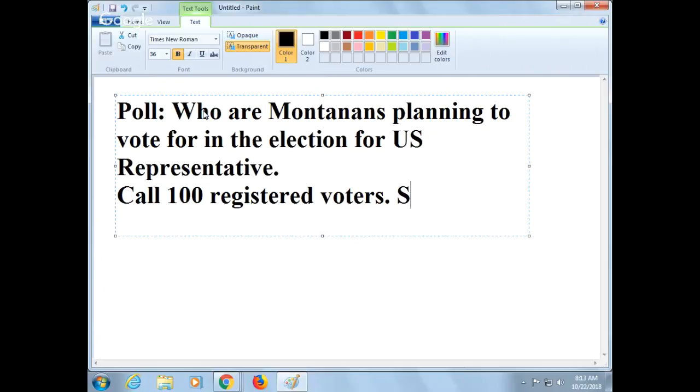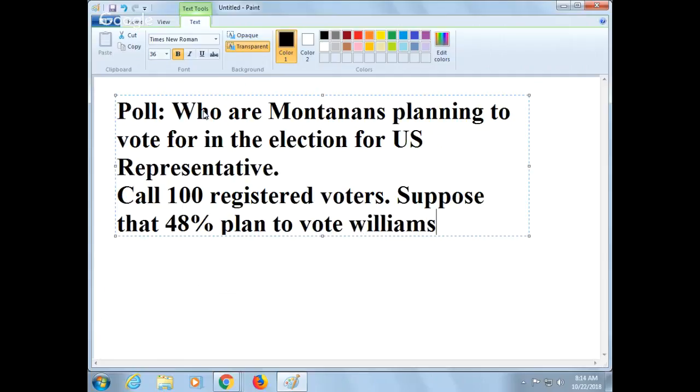Suppose we know that 48% plan to vote Williams. Okay, so that's what we know.